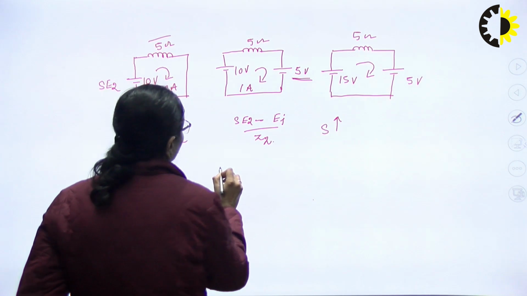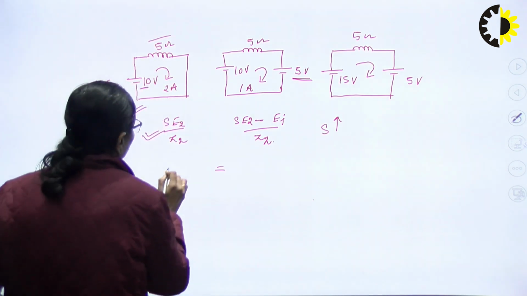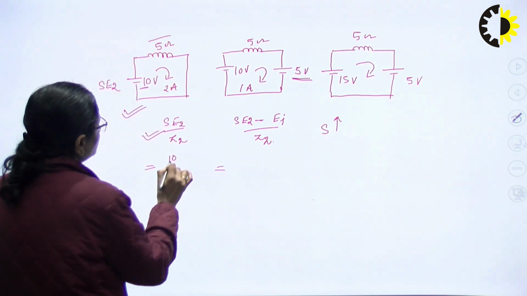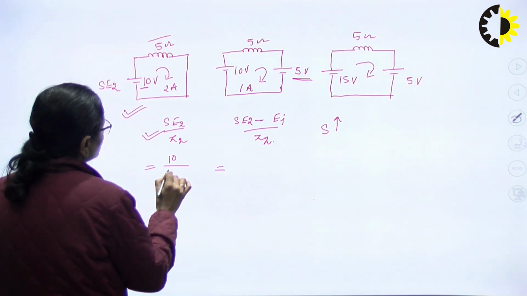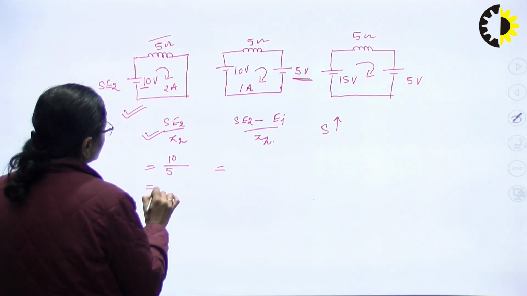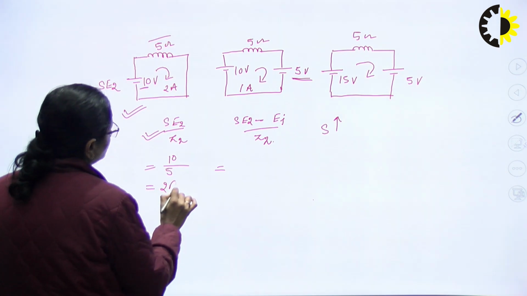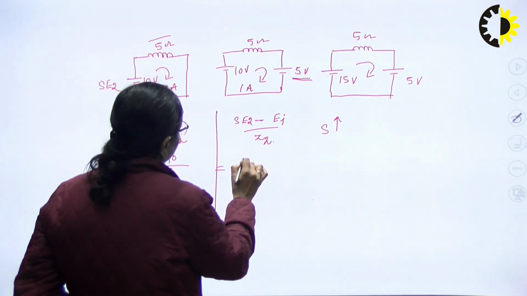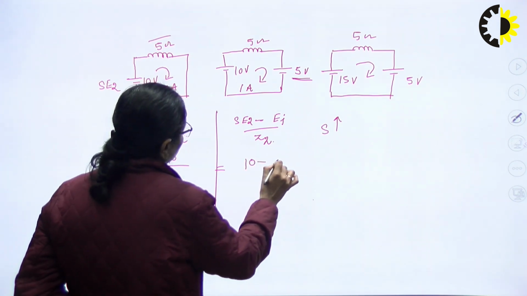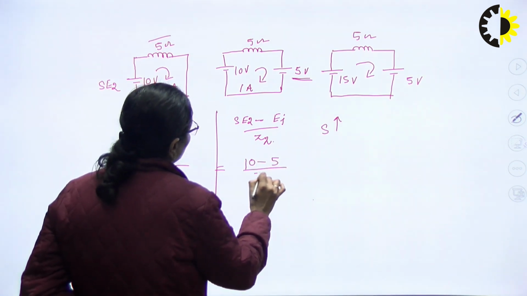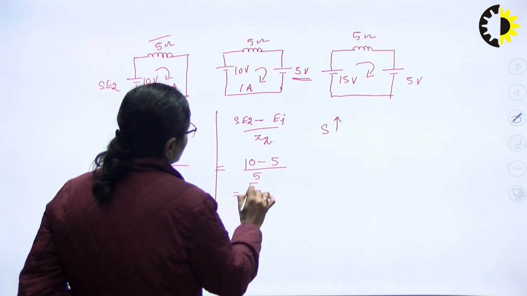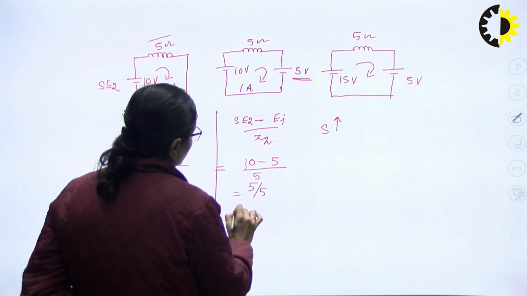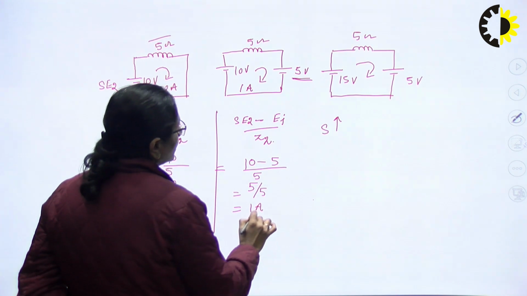Here, SE2 was equal to 10 volts and the impedance was equal to 5 ohms, so the current came out to be 2 ampere. In this particular case, the injected EMF is also there. So (10 minus 5) upon 5, which is 5 divided by 5, gives a current of 1 ampere.